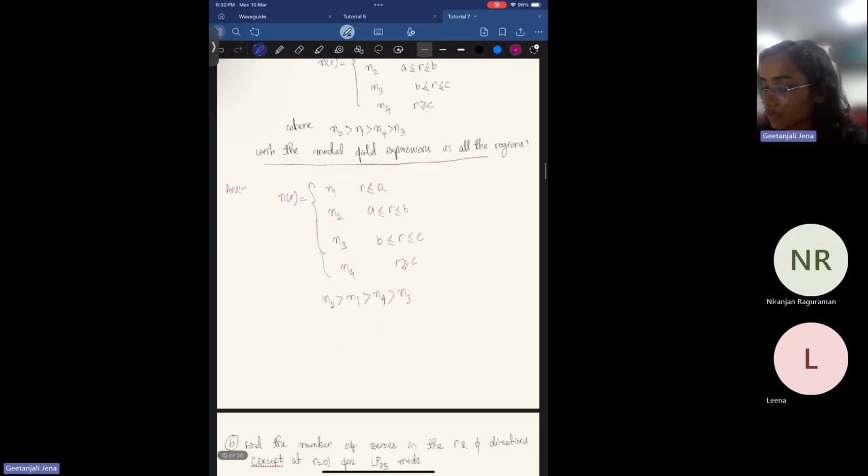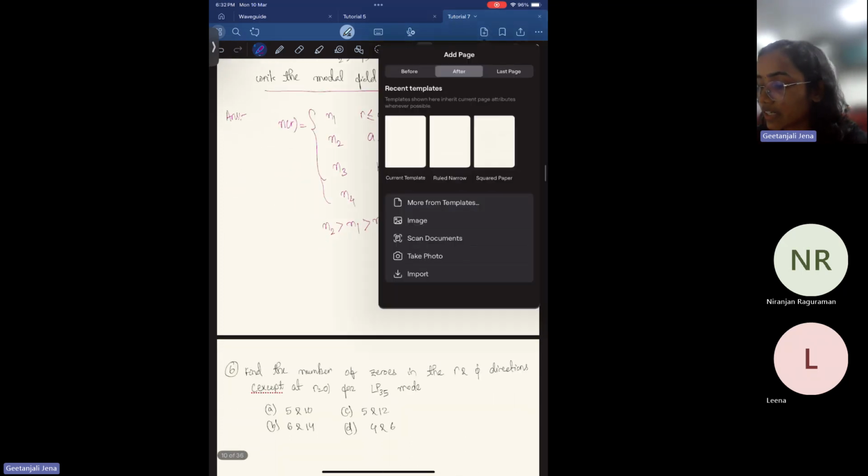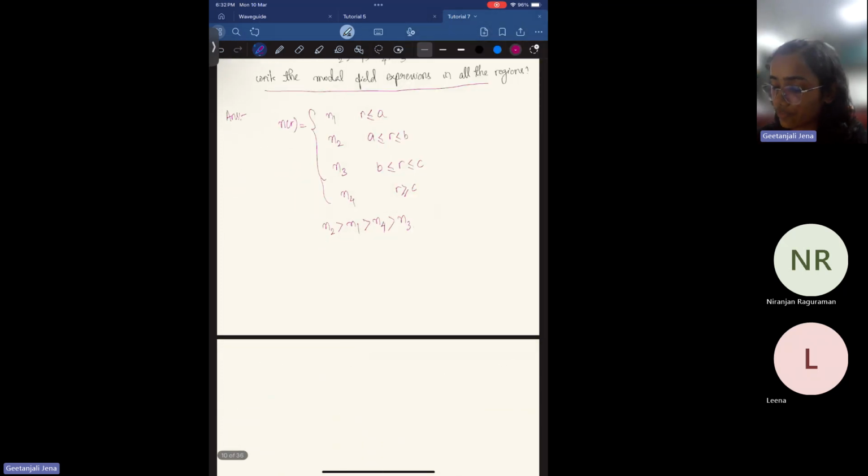First, you need to plot the refractive index profile. We have four regions: one is r less than a, one is between a and b, one between b and c, and one is greater than c.